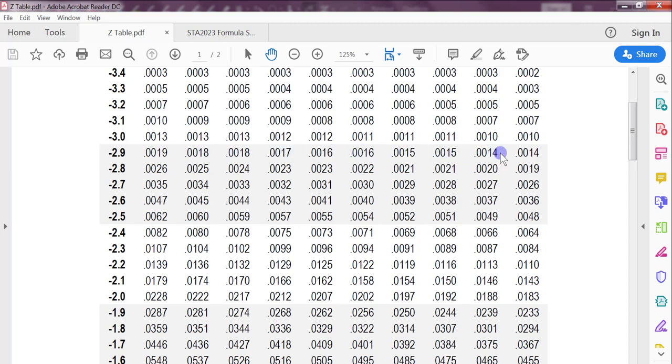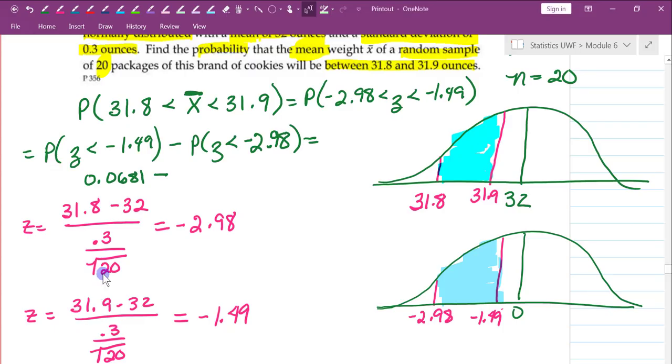0.0014. And throw this in our calculator. I'm going to find out that 0.0681 minus 0.0014 is equal to 0.0667.